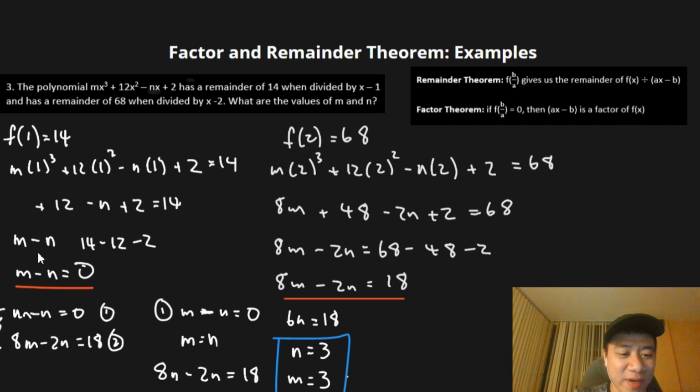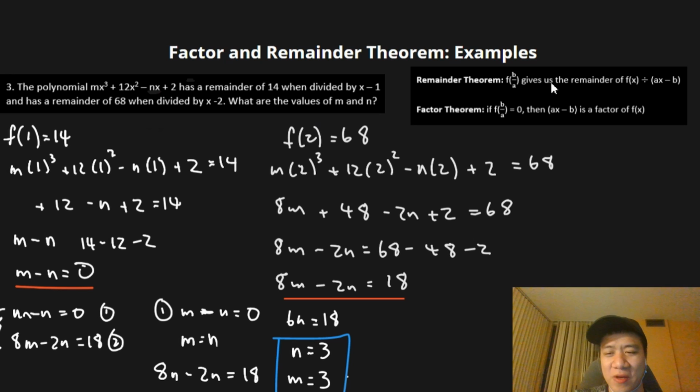So even though we weren't able to get the values of m and n, we know that if we had a second equation similar to this for m and n, we can use substitution to solve for both of them. And that's what we did over here. We were also given the fact that if we divide this polynomial by x minus 2, we get 68. So we did the same thing.